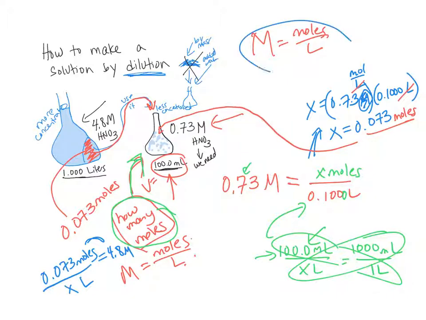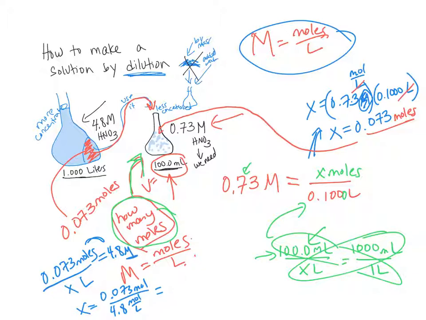I'll use this equation to calculate how many liters I would have to take out in order to take out this many moles. So if I solve for x, I'll find that x is equal to 0.073 moles divided by 4.8 big M, which is the same as moles over liters.